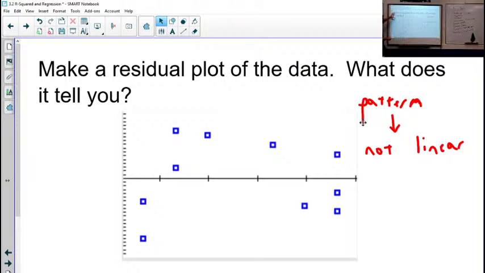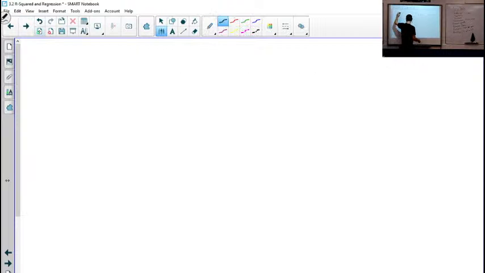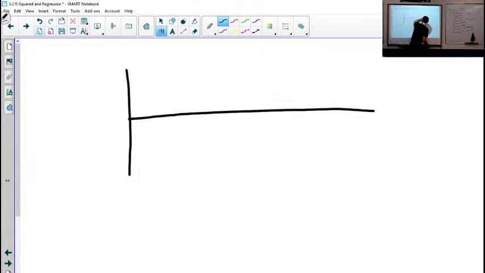Let's take an example of a pattern, usually a curved pattern, in the residual plot. Let's say the residual plot looks like this. We start with some values above the line, and then they're below, and then they're back above again. So this means I have positive residuals.